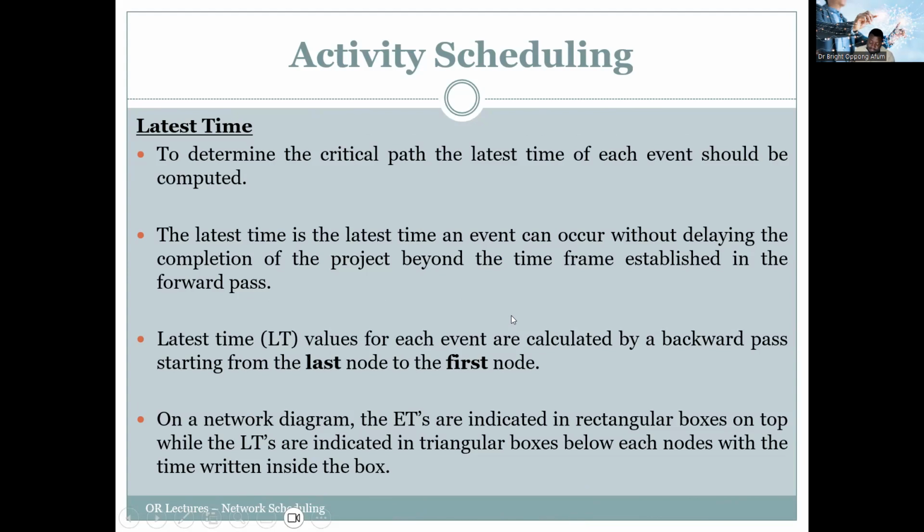So the latest time is used to determine the critical paths, right? The latest time is the latest time an event can occur without delaying the completion of the project. So the latest time values for each event are calculated by a backward pass, starting from the last node to the first node. On a network, the earliest times are indicated in rectangular boxes on top, while the latest times are indicated by triangular boxes.